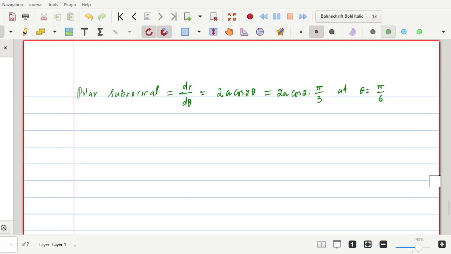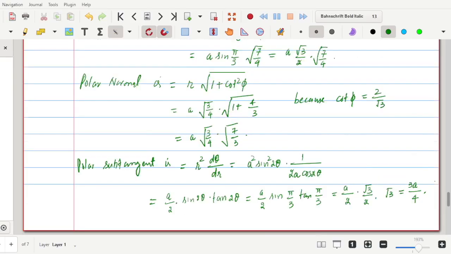So this finally becomes 2a cos pi by 3. Now this is equal to 2a, and we know cos pi by 3 is equal to 1 by 2. So this becomes equal to a. So these are the required lengths of the polar tangent, polar normal, polar subtangent, and the polar subnormal.